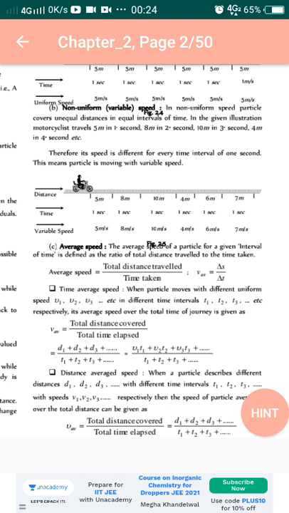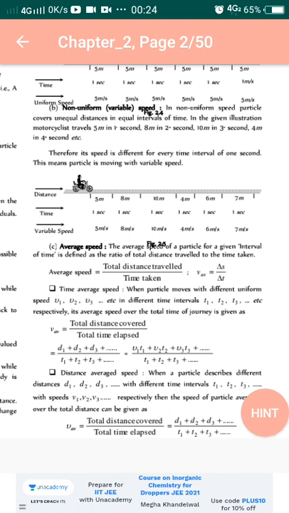Average speed equals total distance covered upon total time elapsed, which equals (v1 t1 plus v2 t2 plus v3 t3) divided by (t1 plus t2 plus t3).